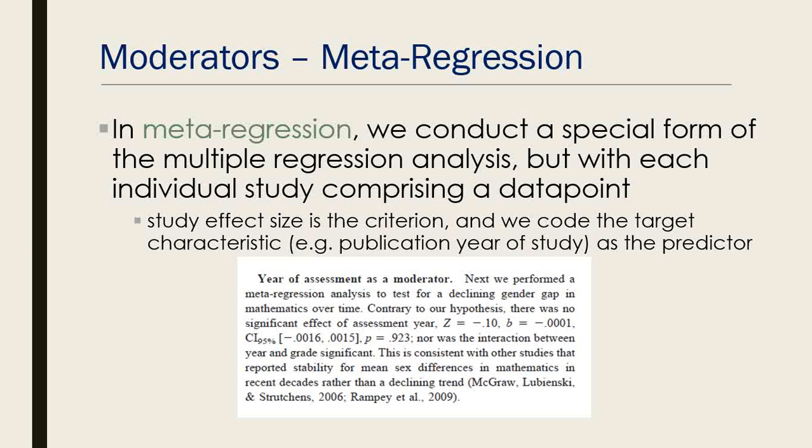In this case, there was no actual effect of the predictor, so assessment year, and that was contrary to our hypotheses in that case. And that's a good way of testing whether there are changes over time by just having a look at the publication year. But certainly you can use many other types of moderators there, anything that is a continuous variable.